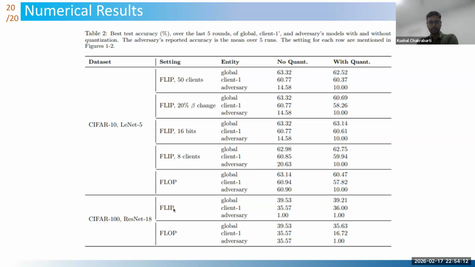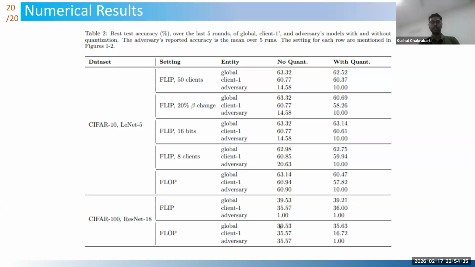So if you look at CIFAR-100 for FLIP, the global model's loss is not too much. So it is just 39.53 to 39.21. But it is more in case of FLOP, because in case of FLOP, you are quantizing the full model. But in case of FLIP, you are quantizing only the increment. The increment is smaller in magnitude.